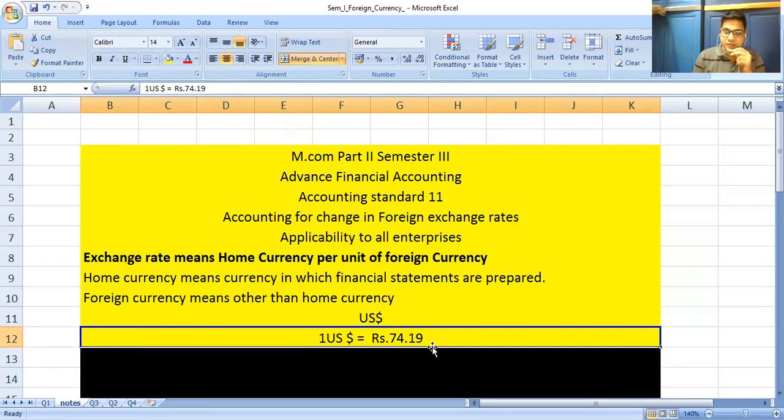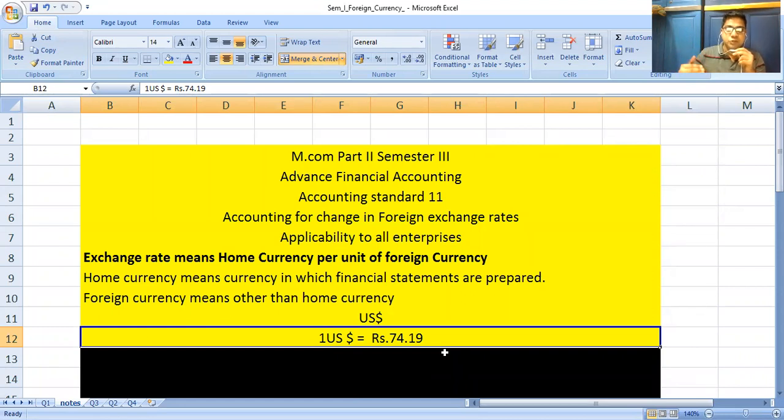If you search in Google, you have to type per dollar rate in rupees, and you will get the answer 74.19.